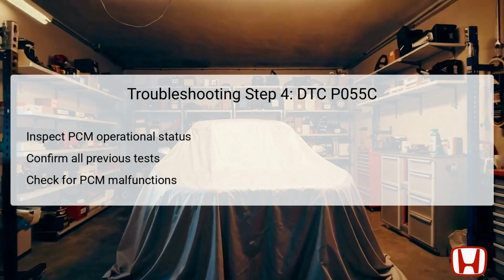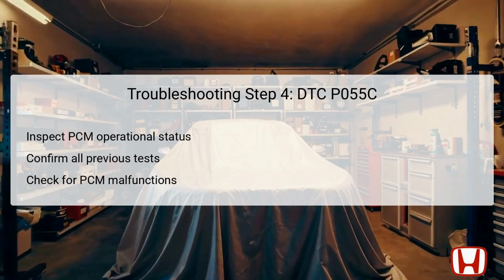In the fourth step of troubleshooting DTC P055C, the technician should focus on the powertrain control module, PCM. If the previous tests have indicated that both the rocker arm oil pressure sensor and the wiring circuits are functioning correctly, the investigation should shift to the PCM itself.